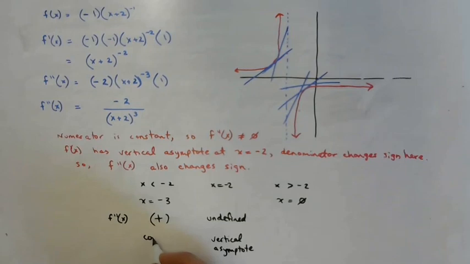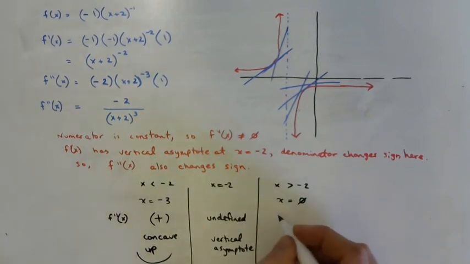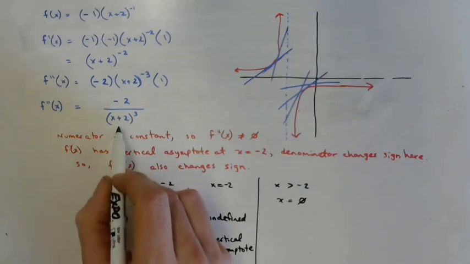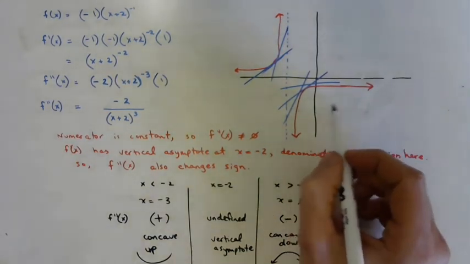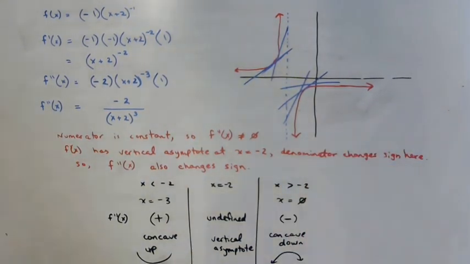That's the conclusion. Concave up over this interval. And then over here, if we sub in 0, we get a negative over a positive, which is negative, which means we're looking at concave down for the leg to the right of our vertical asymptote.